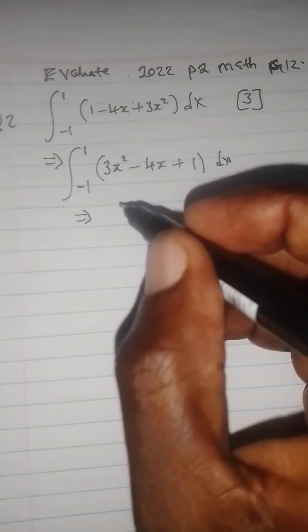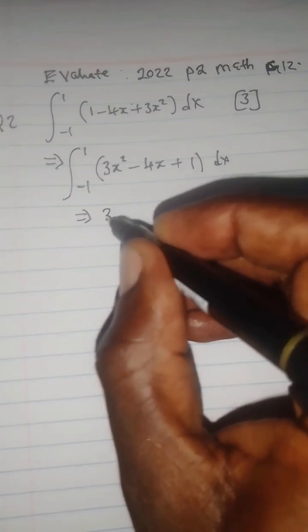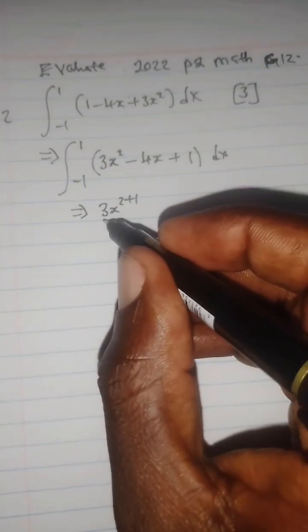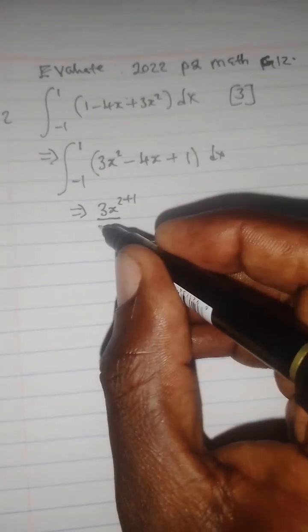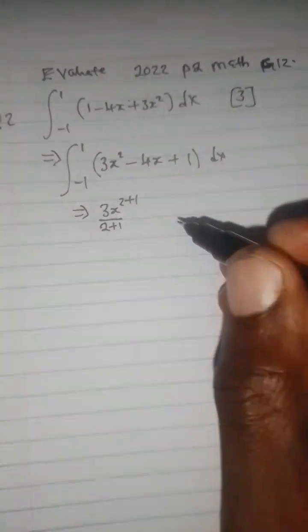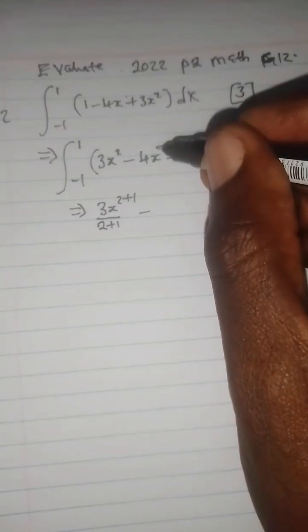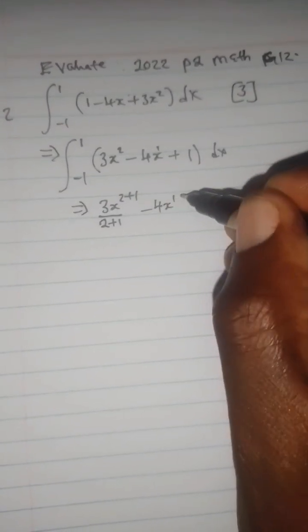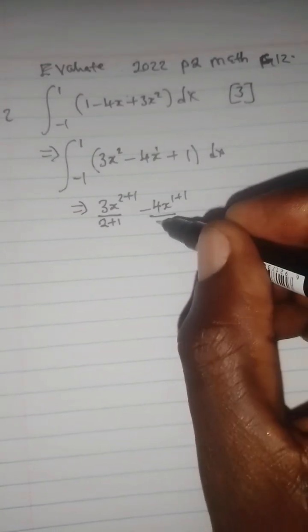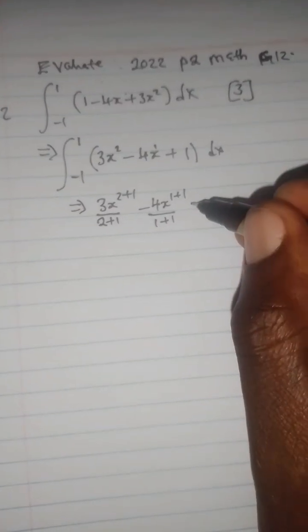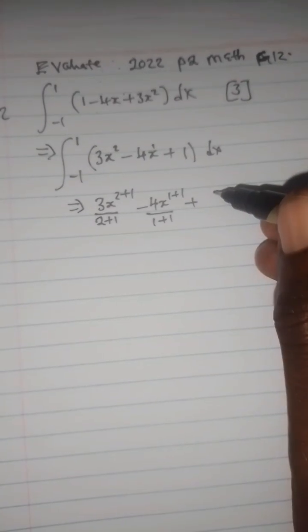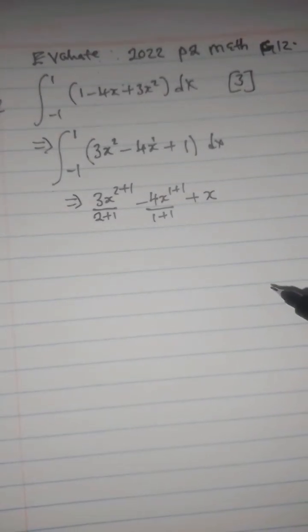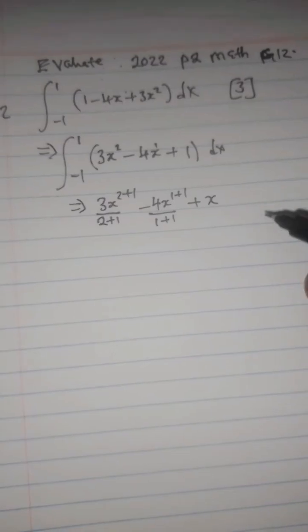When you are integrating, the first thing you do is increase the power by 1, and then divide by that new power. For the constant, there is a power of 0, so this is going to be x to the power 1 divided by 1, which is just x. If it was 2, it would have been 2x.